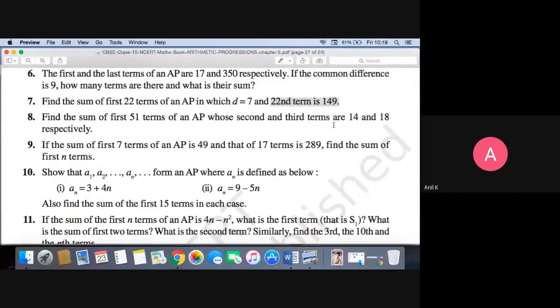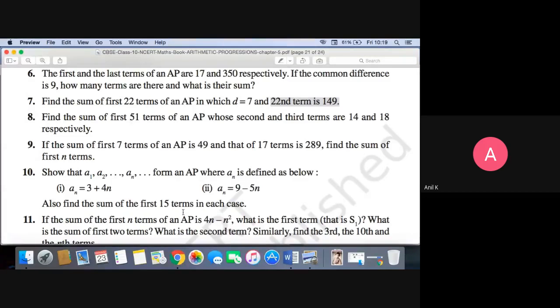Second term, A2, is 14 and A3 is 18. A2 means A plus D equals 14. Third term means A plus 2D equals 18. You'll get a pair of linear equations. Solve them, you'll get the A value and D value. After getting A and D values, you find S51.